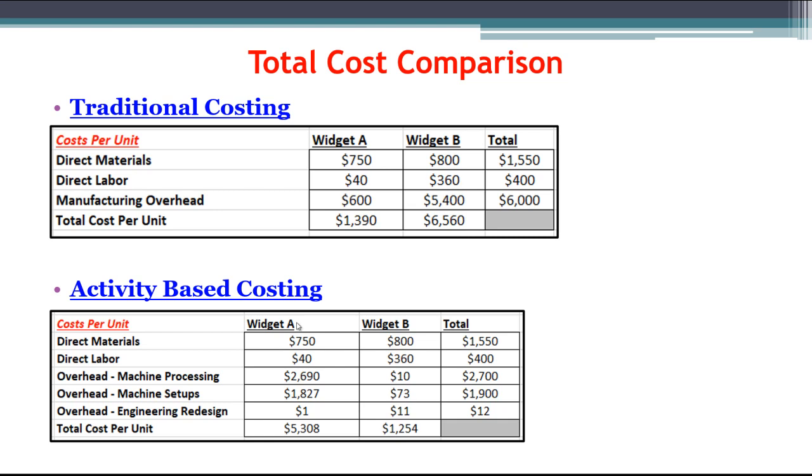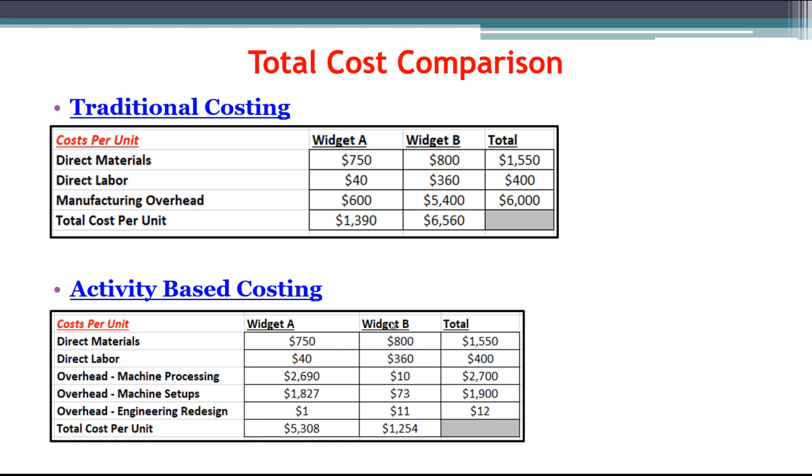Under our new activity-based costing, of course, we're going to have the same materials and labor. Nothing changed there. But now we have 3 lines of overhead. We broke it into 3. Now look, and again, this was after dividing by the 500 units. The machine processing, most of that cost goes to widget A because it's heavily automated.